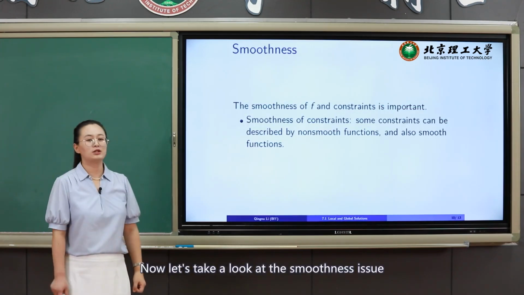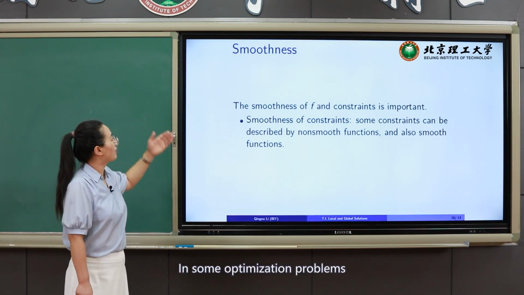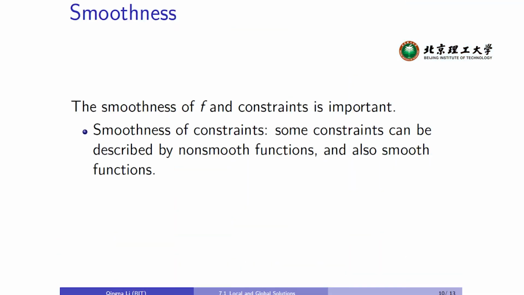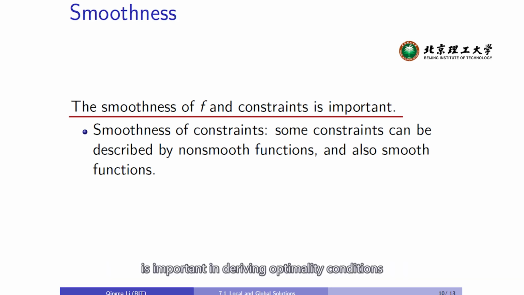Now, let's take a look at the smoothness issue. In some optimization problems, we may get non-smooth constraints. Okay? For example, the smoothness of functions and the smoothness of constraints is important in deriving optimality conditions.